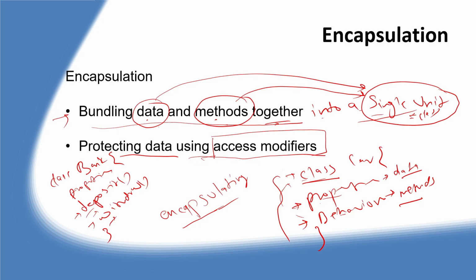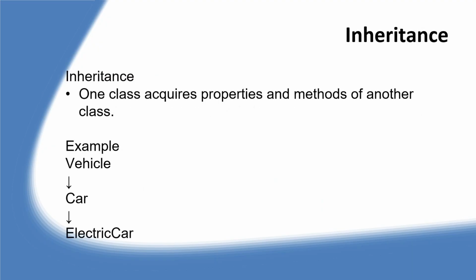Okay. Now let's understand inheritance. What is inheritance? Inheritance allows one class to inherit the properties and methods of another class.